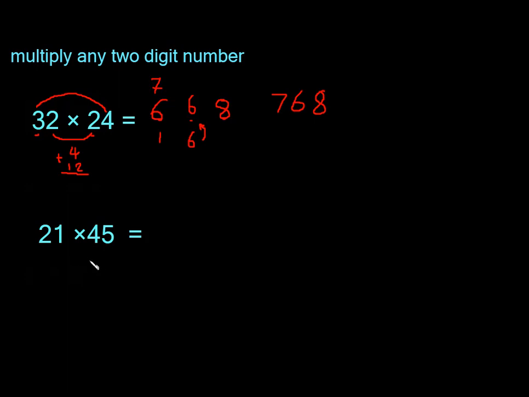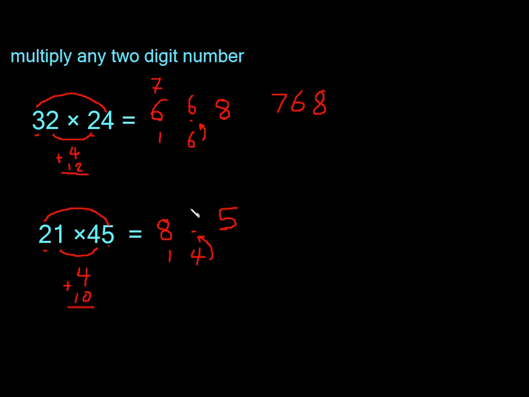Next one, 21 times 45. In the same way we will start with the first digits. 2 times 4 equals 8, and don't forget the points, and 1 times 5 equals 5, and to get the middle number in the same way we will multiply these numbers. 1 times 4 equals 4, and 2 times 5 equals 10, add them. 4 plus 10 equals 14, so we will write 14 here.